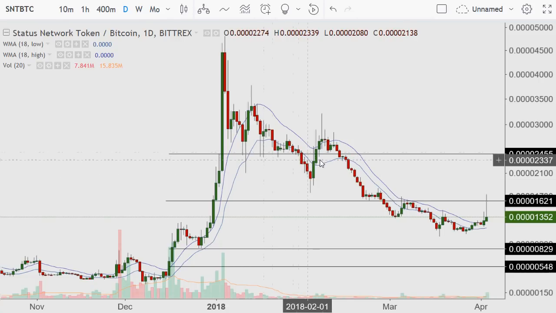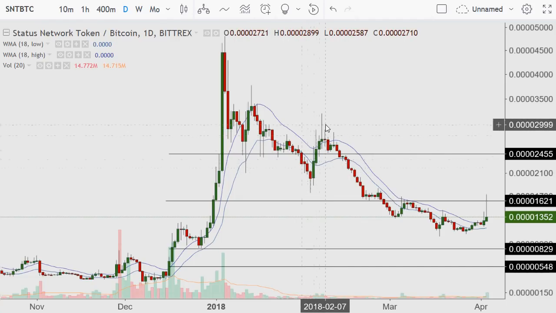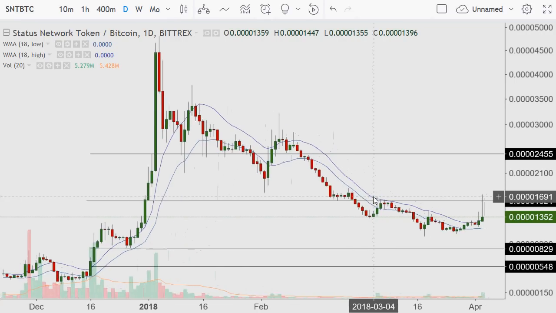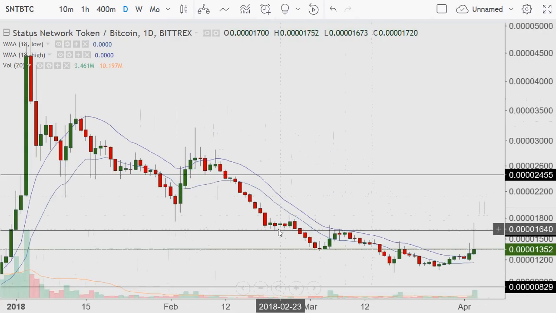And oftentimes failed moves will bring fast moves in the opposite direction, and here that didn't happen so much. I mean, it barely got up here, so kind of did, but kind of not. However, it did resist this level in a hole, came back down consistently, consecutive red days down to this key support mark where it stayed for close to a week.